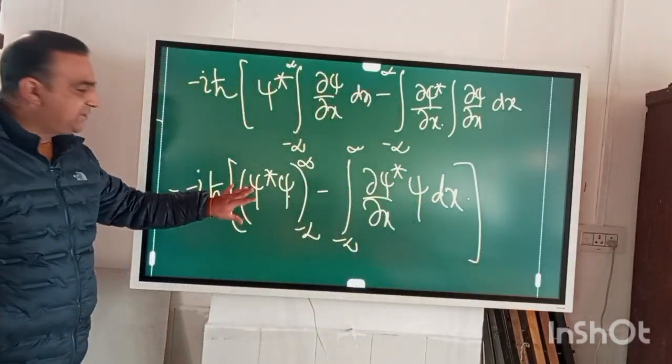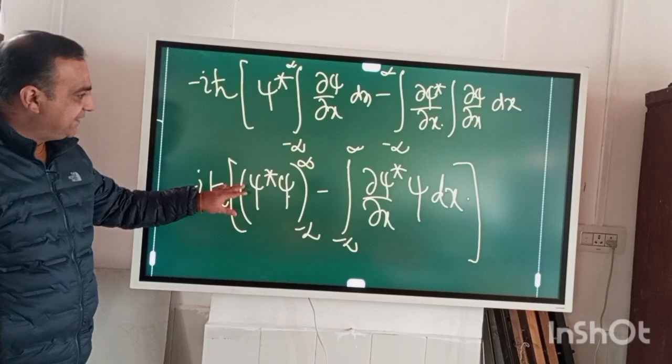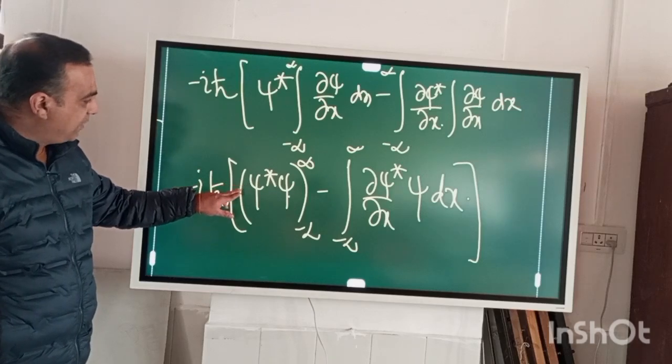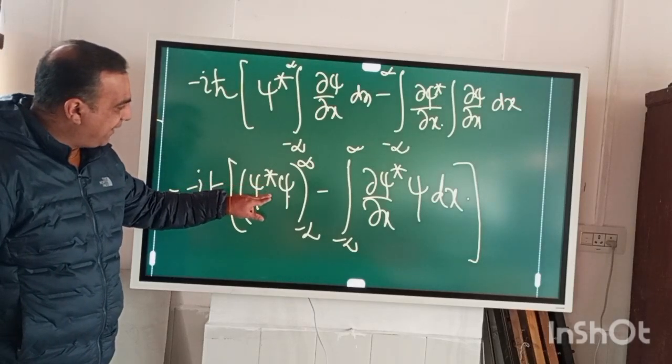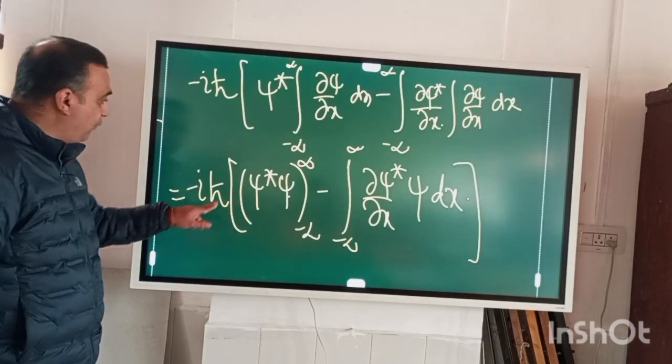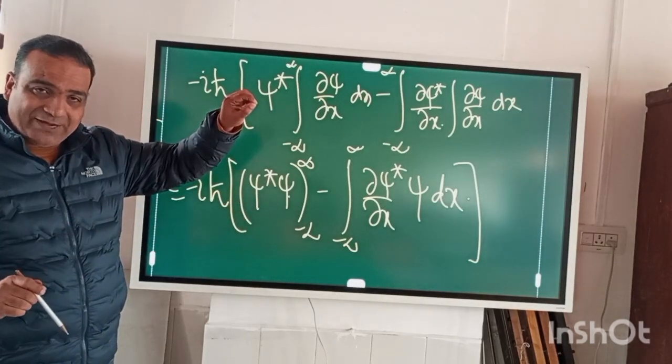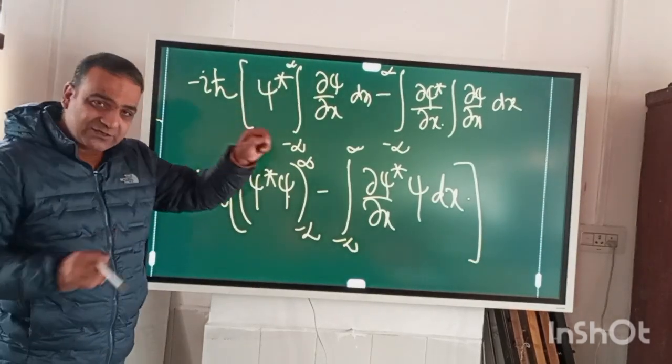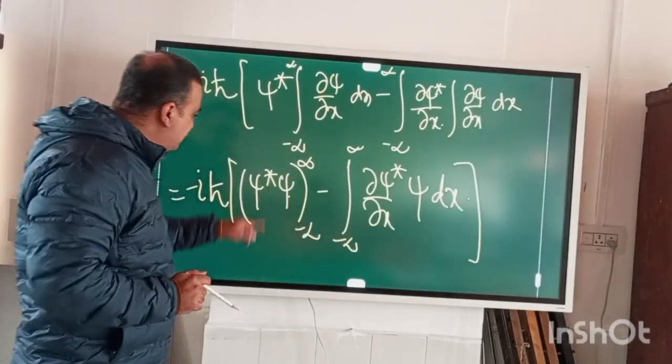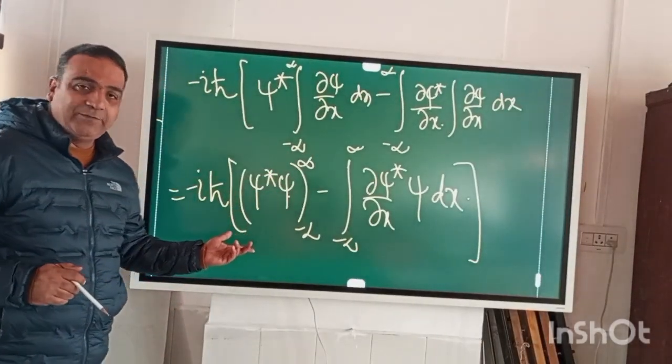Now look at the first term. I have psi star and psi. And as I told you before, as x tends to plus or minus infinity, the value of psi and psi star has to be equal to 0. So this term will automatically be equal to 0.